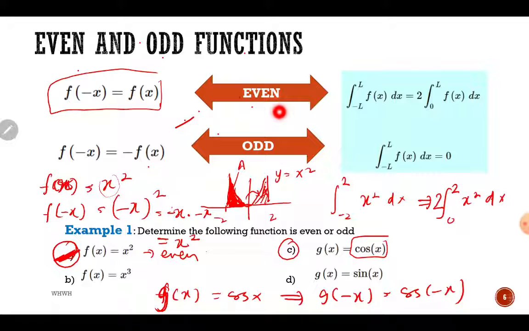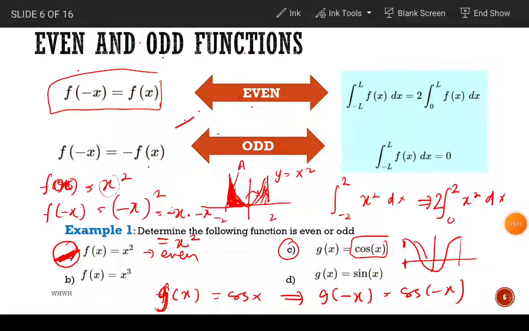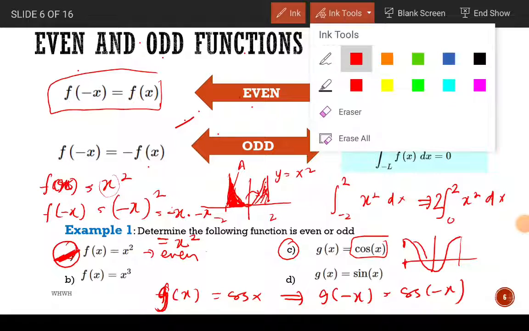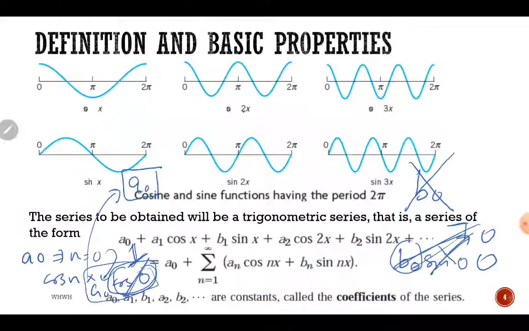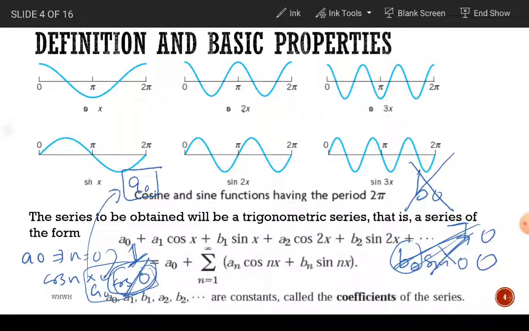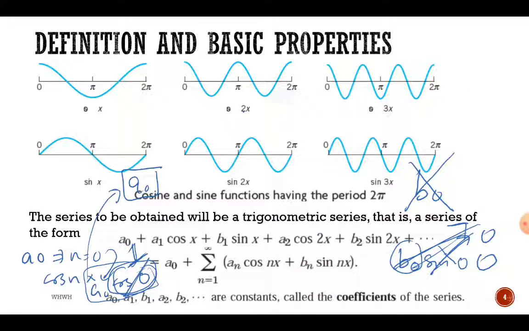This cos negative x, kalau you ingat, the graph of cos x, dia macam ni kan? Sorry, saya tersilap lukis graf cos x tu. Kita sapu dulu. Okay, cos x graf dia macam ni.